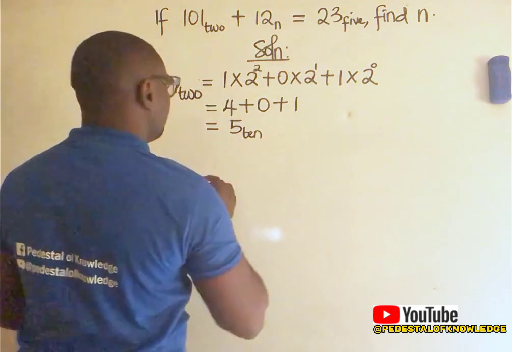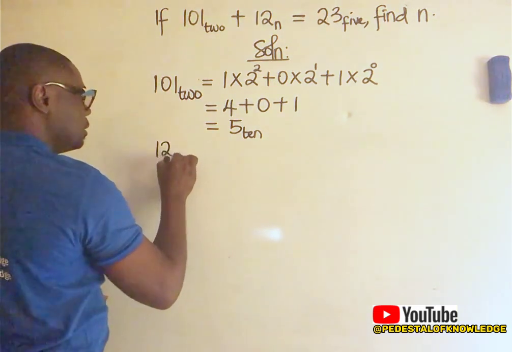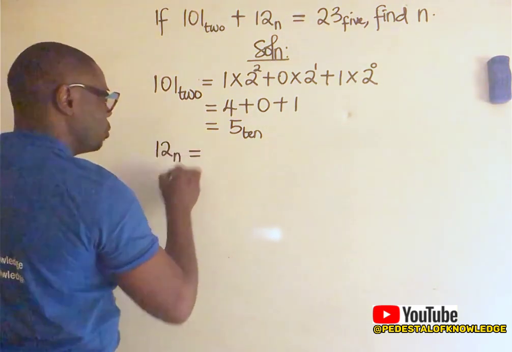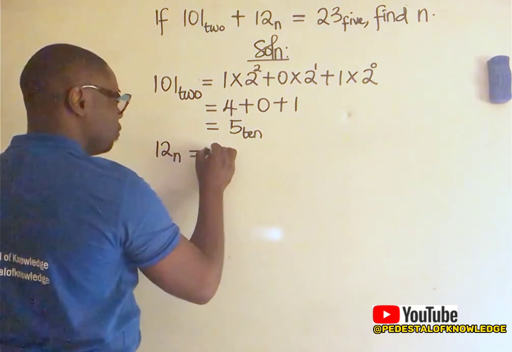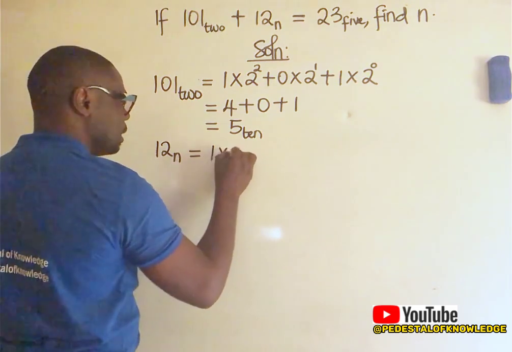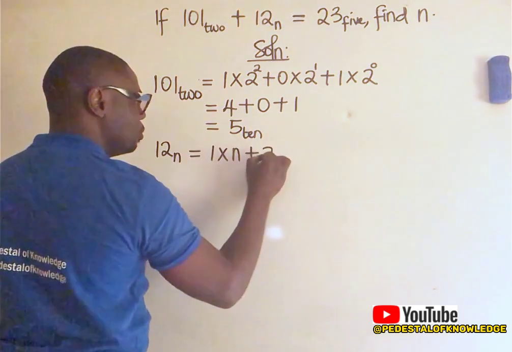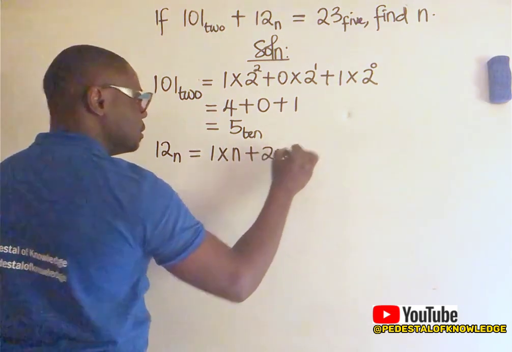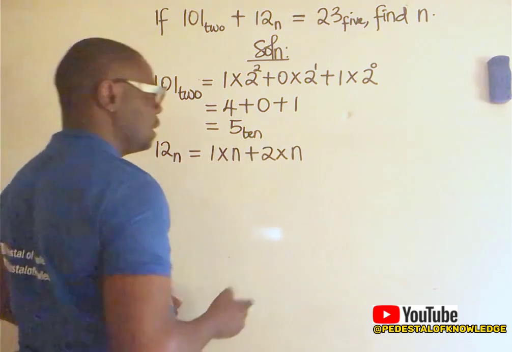Let's take the next number, which is 12 base n. Now this is equal to, we multiply each of these digits by n. So we have 1 times n plus the next digit, 2 times n. Now we give powers to the base starting with 0.